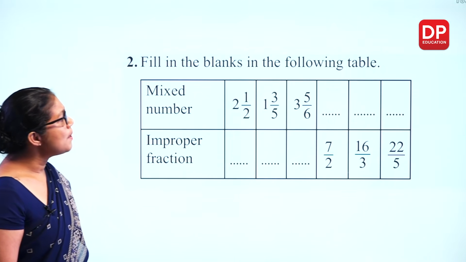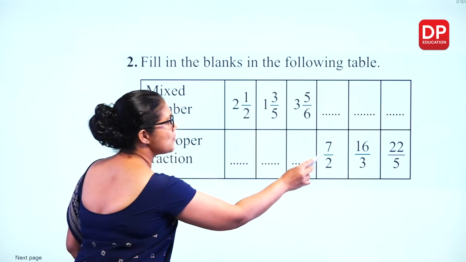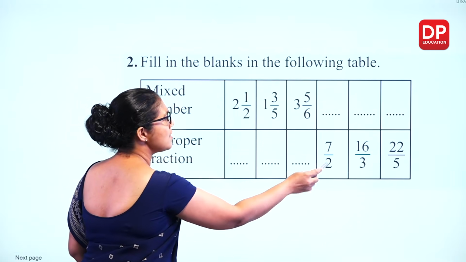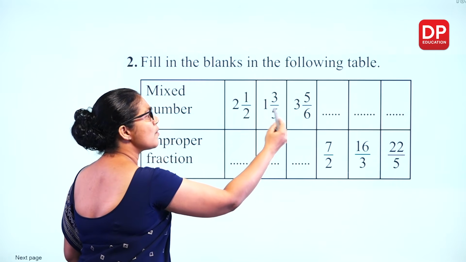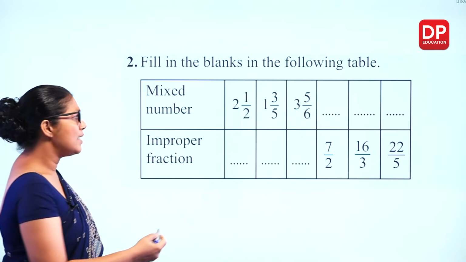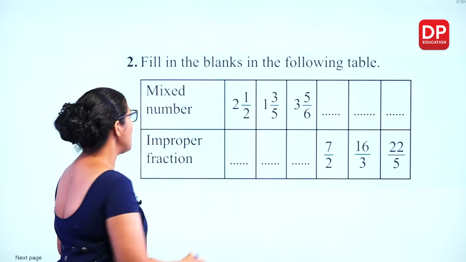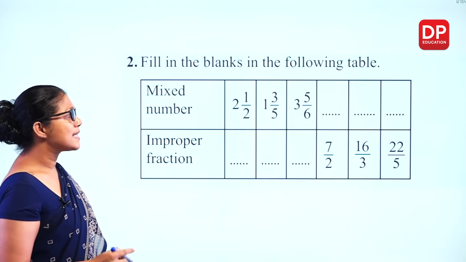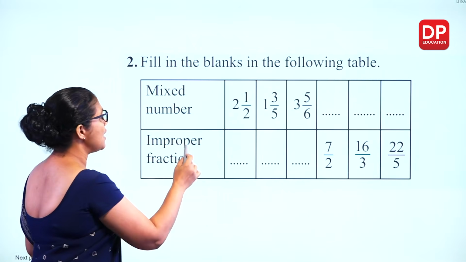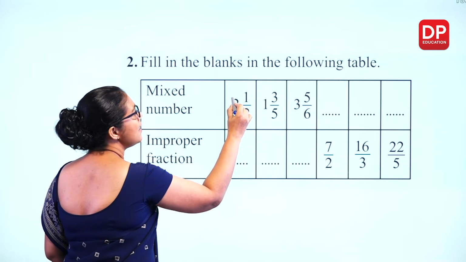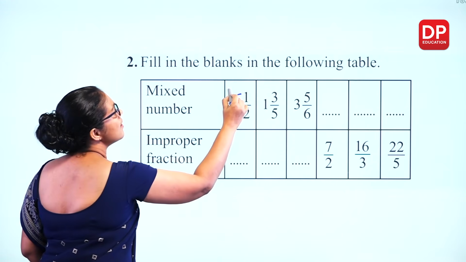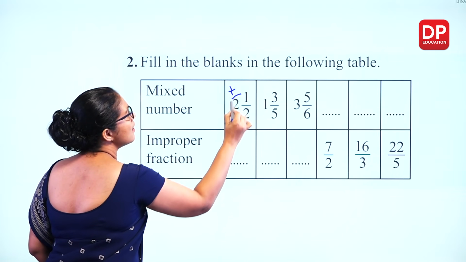So you have to fill the blanks. Now here, sometimes you are given improper fractions and asked to convert to mixed numbers. In these three questions you are given the mixed number and asked to find the improper fraction. So what's the method? To find the improper fraction, multiply this by this number and add this value.